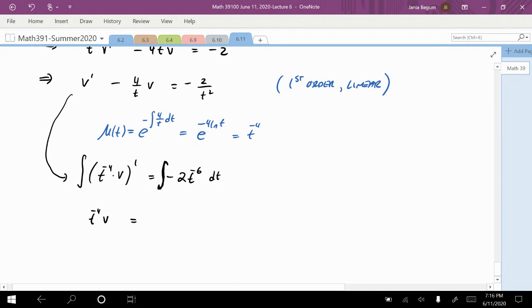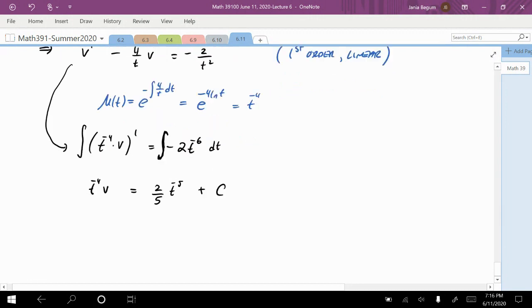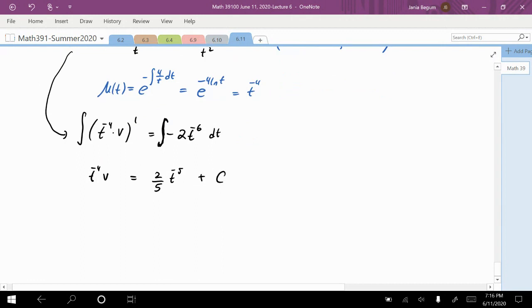So that's 2 over 5 t to the negative 5 plus a constant c. And then the last thing would be to divide by t to the negative 4. So the function v is equal to 2/5 t to the negative 1 plus c t to the 4.